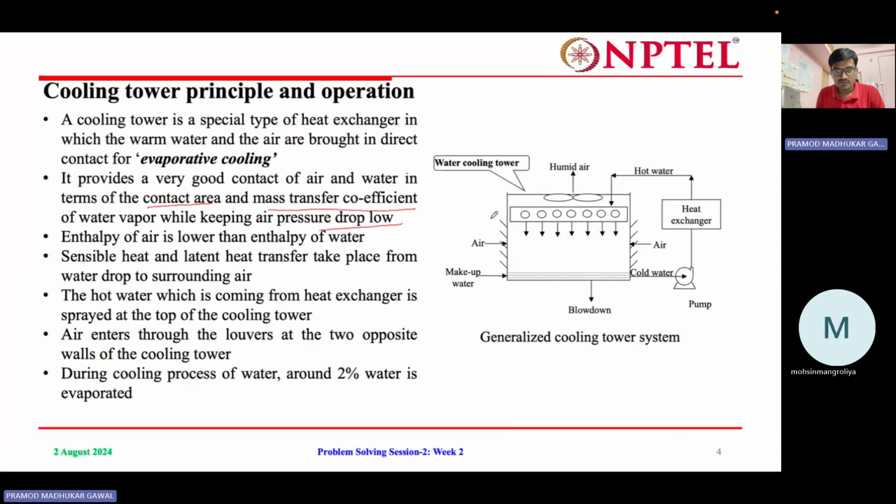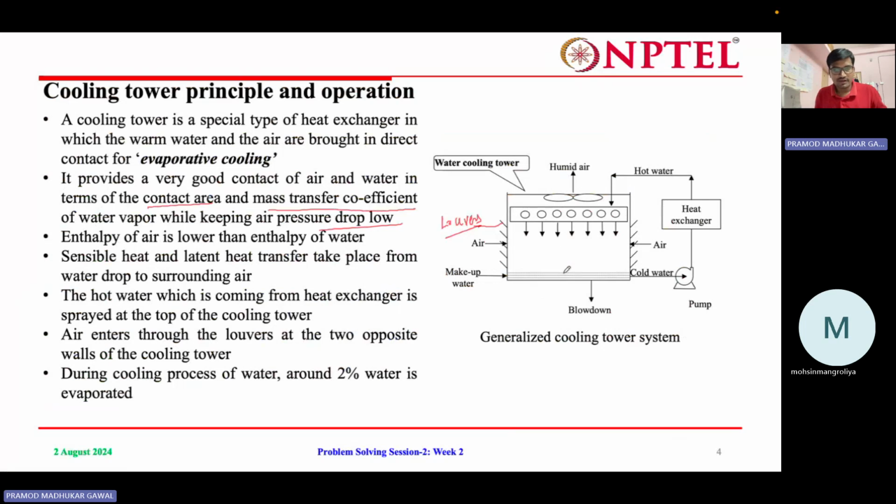This is called the louver. Air enters through the louvers at the two opposite walls of the cooling tower.